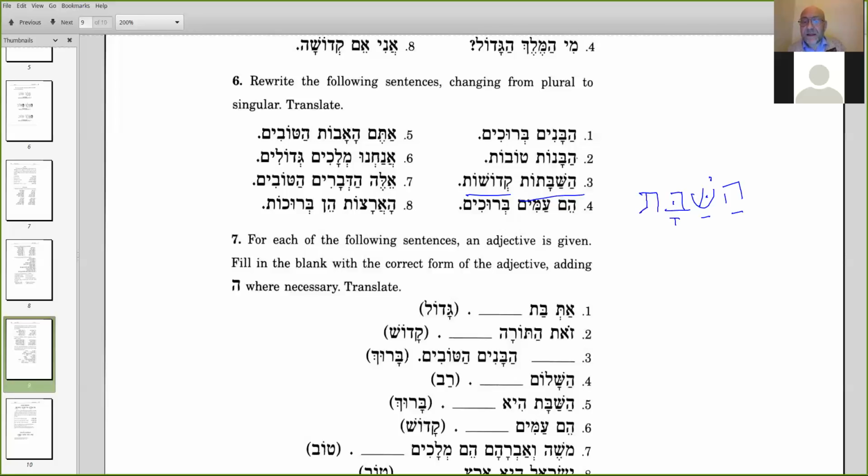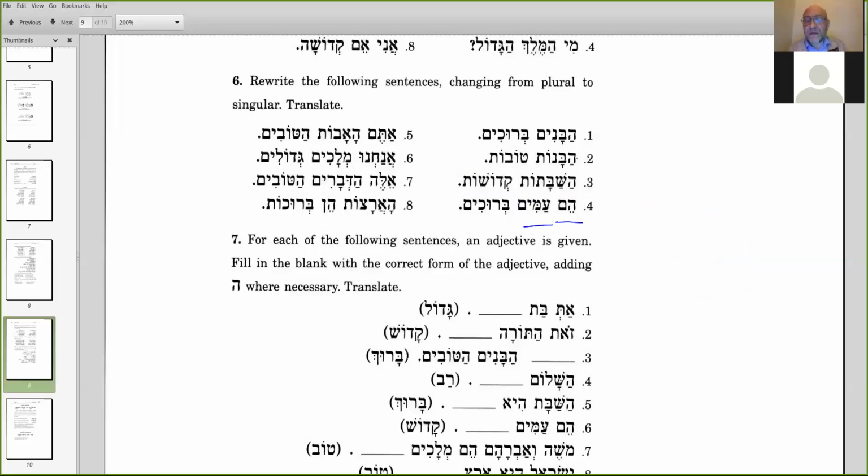Ha shabbat, and kadoshot has now got to be reduced down to simply kadosha. Kametz he, ending for femininity and singularity. Okay? Hashabbat kadosha. So what is that saying? The Sabbath is holy or set apart. Okay? Let's go down to number 4.